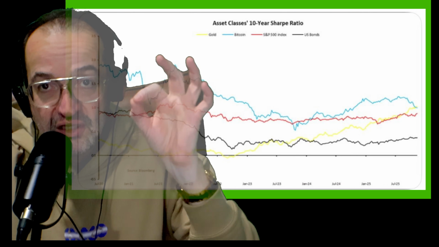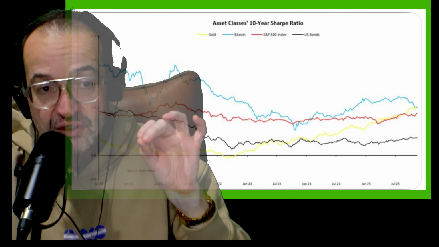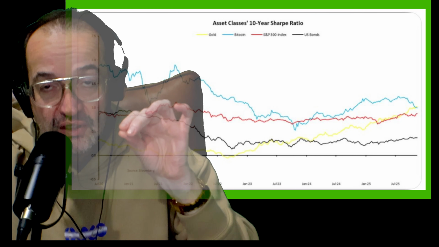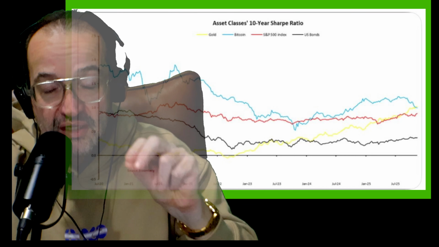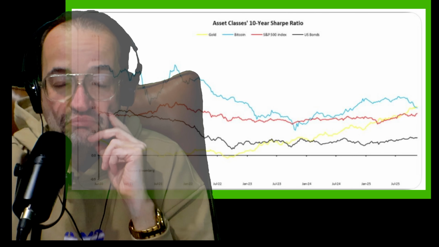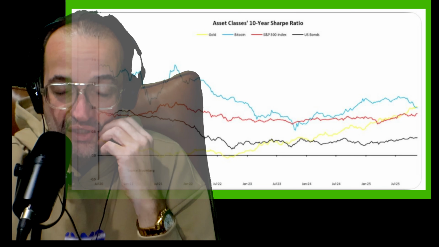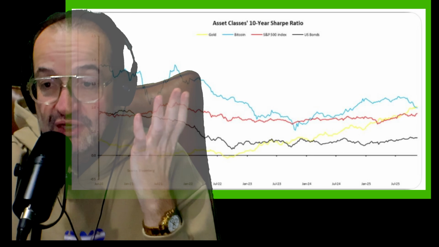It takes the return of your portfolio, compares it to the index, and most importantly, compares it to the risk, the standard deviation risk, and also the treasury rate, the risk-free rate.